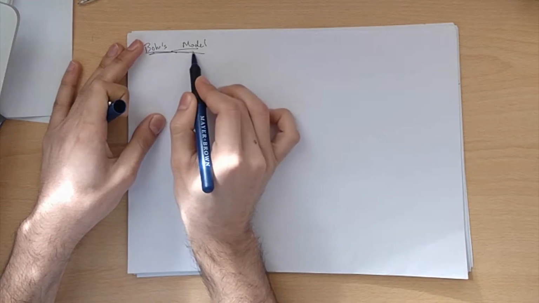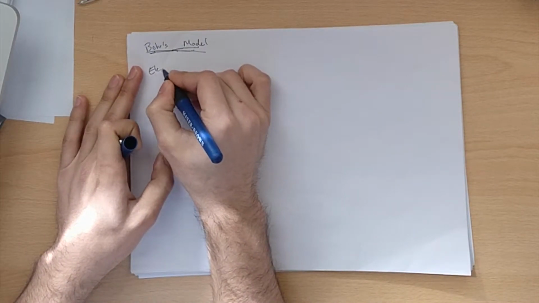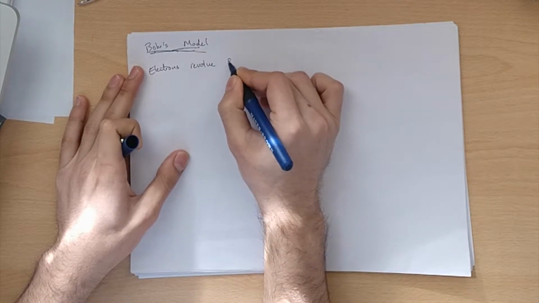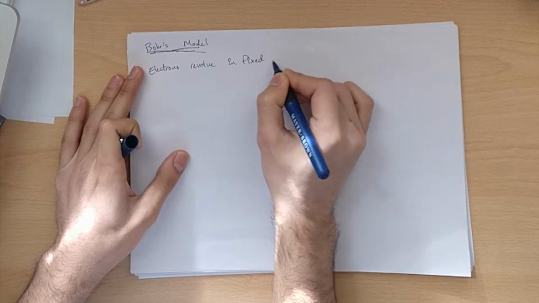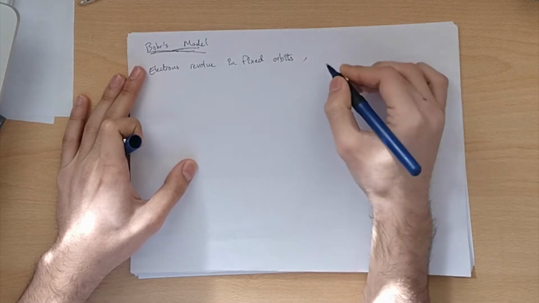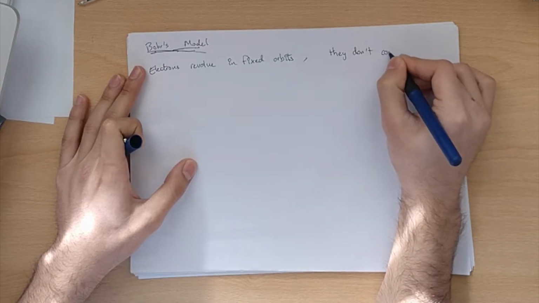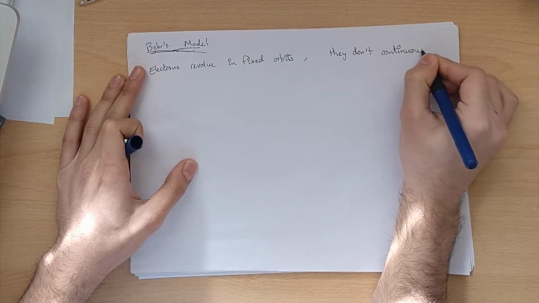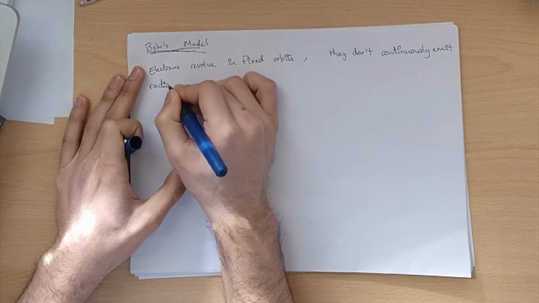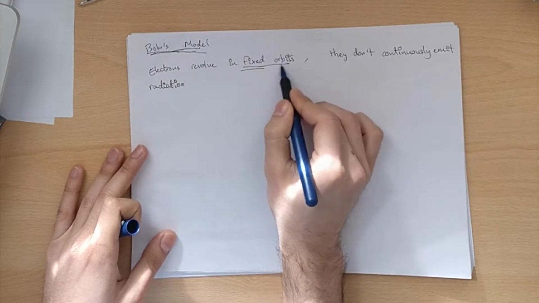Now, Bohr solved that problem by saying that electrons revolve in fixed orbits around the nucleus, and when they're in these fixed orbits, they don't continuously emit radiation. So in a sense, he said that we were kind of wrong, but the key point being that he said they revolve in fixed orbits.